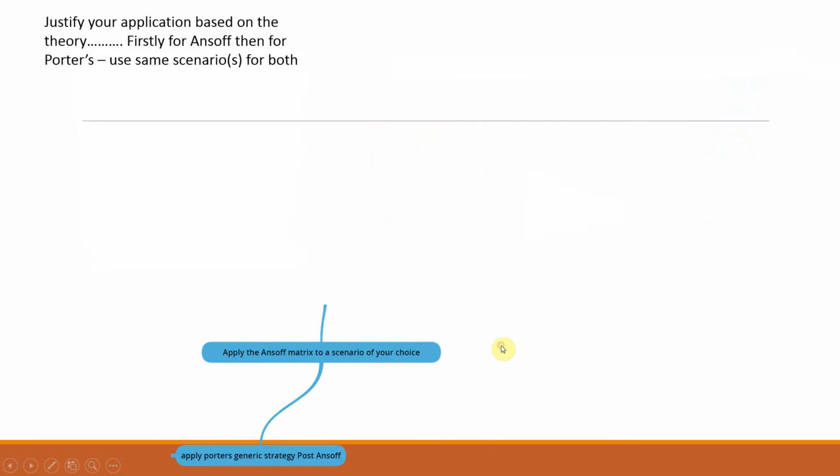So I'll give you an example. What you need to do is justify your application of Ansoff, and then for Porter's, and you've got to use the same scenario for both, for Ansoff and Porter's, for each of the two quadrants.